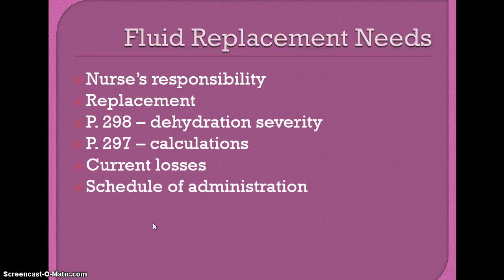All I want you to know at this moment is that mild dehydration is 3% to 5% of loss, moderate dehydration is 6 to 9%, and severe is greater than 10. You do not have to know how to calculate the percent of fluid loss, but you do have to know what the definition of mild, moderate, and severe are.